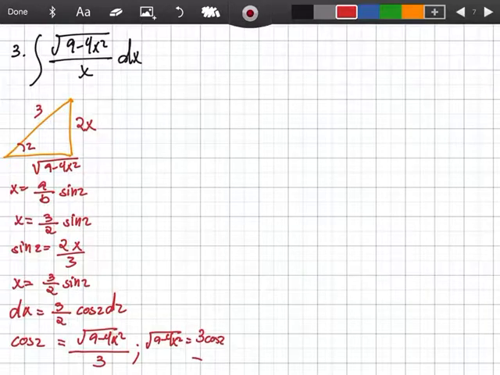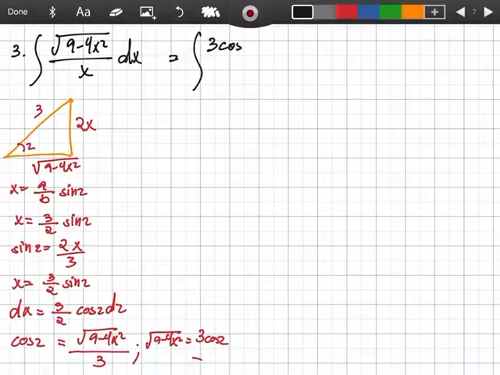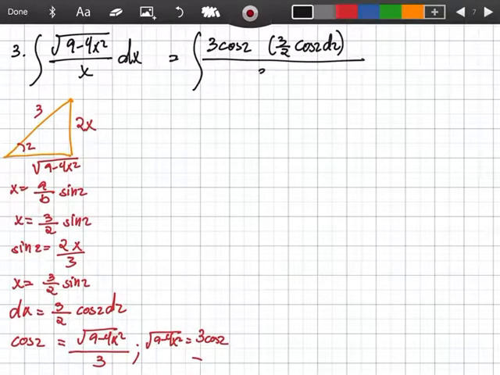Okay? So, dito na tayo. Square root of 9 minus 4x squared, that is 3 cosine z. Dx is 3 halves cosine z dz, and x is equal to 3 halves sine z.